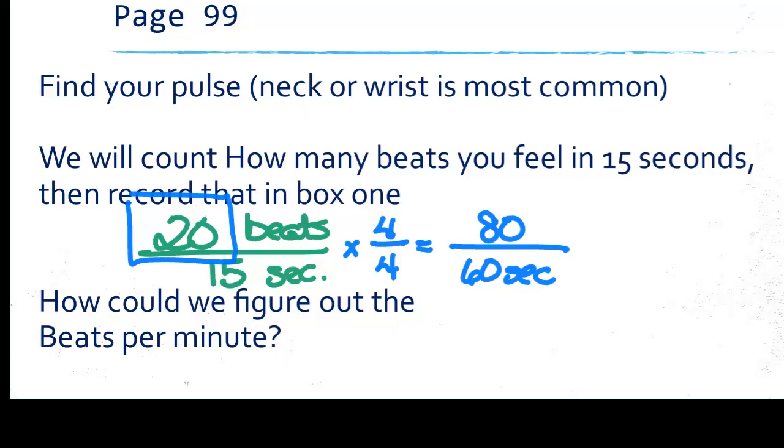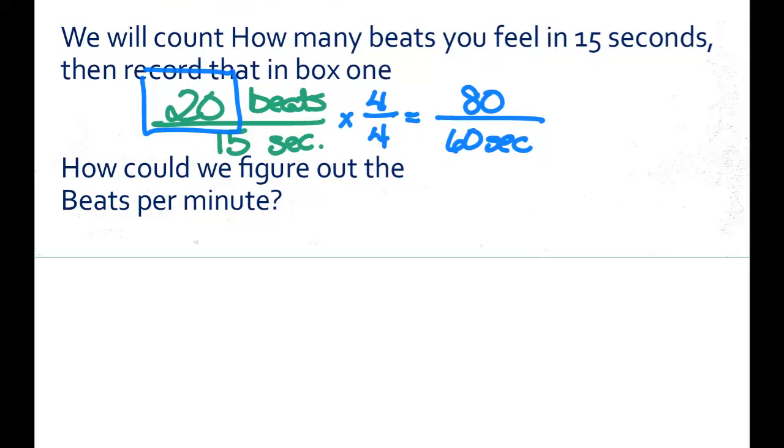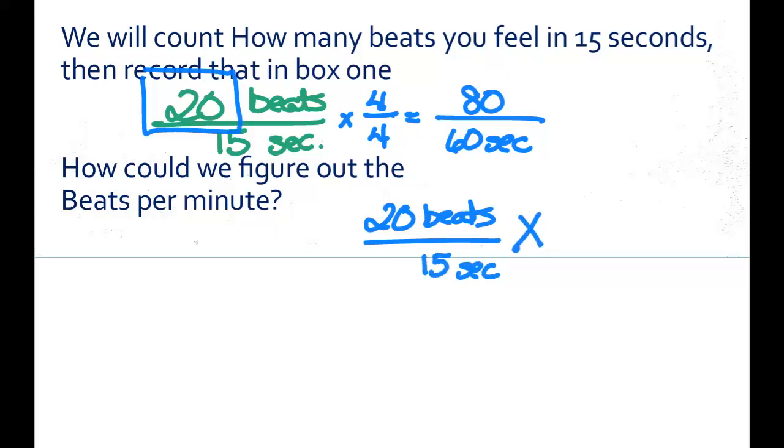That's up to you. Now, another way to do this, and this is probably how we can do this in the future. If you have 20 beats in 15 seconds, we want to multiply that by an equivalent ratio, where the top and the bottom of this ratio are going to be the same amount, but in different units, okay?